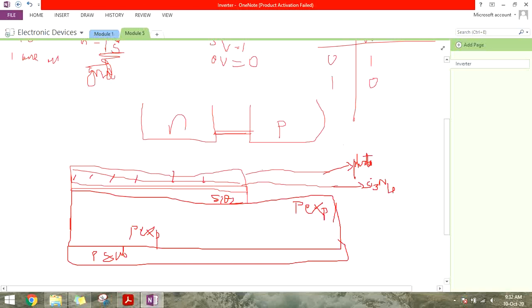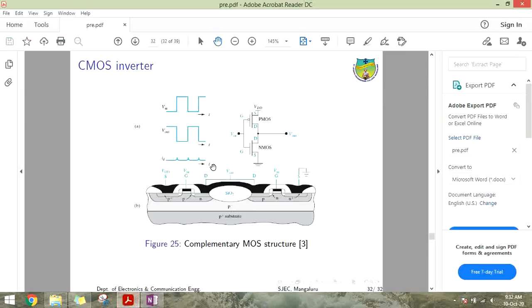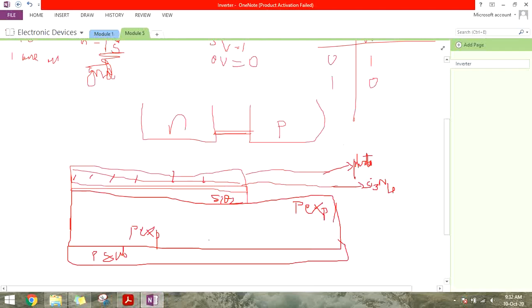Now over here we have to form a N well. Remember, we are fabricating the NMOS transistor and the PMOS transistor. So first we'll fabricate the PMOS transistor. For the PMOS transistor, the base is the N well. For the NMOS transistor, the base is the P well.